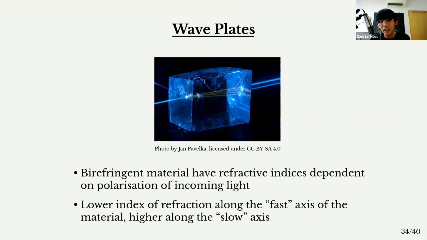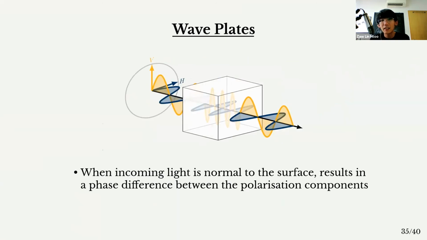So if you shine it at the normal so that it doesn't get deflected, you'll notice that here the fast axis is the H axis, right? Because the H axis is the fast axis, on the V axis you'll see that there are a lot more oscillations that go on within the material than the H axis.